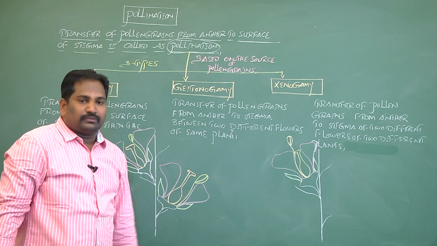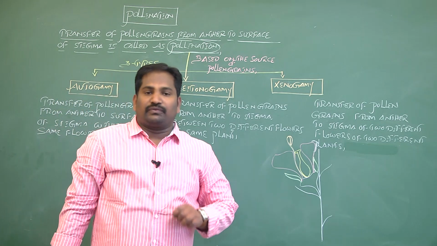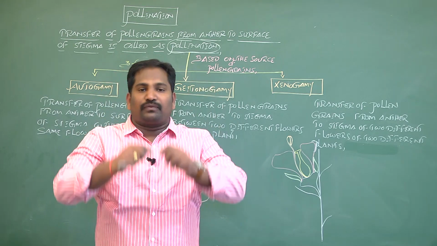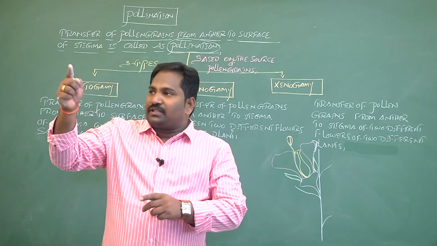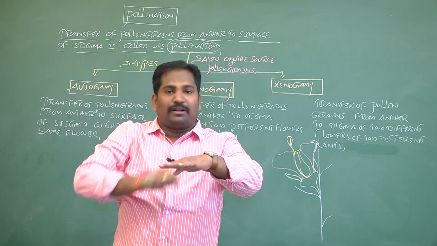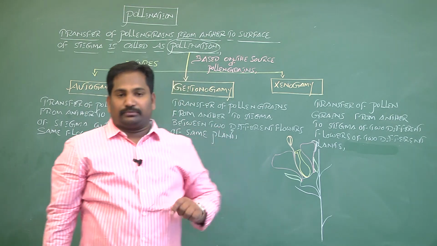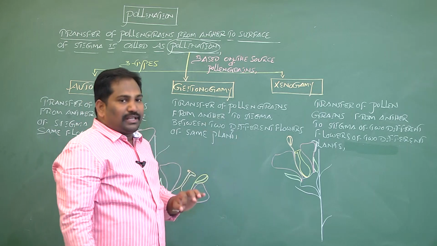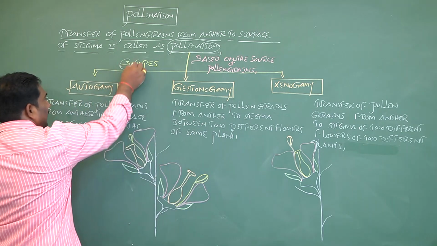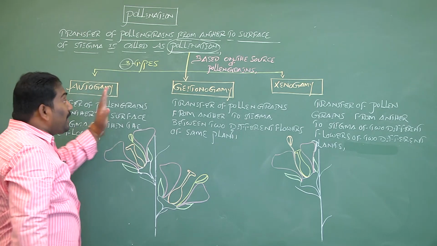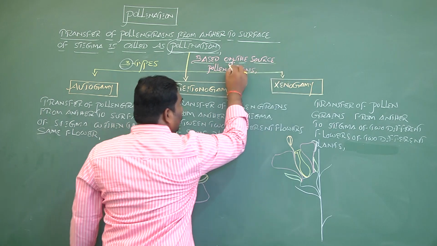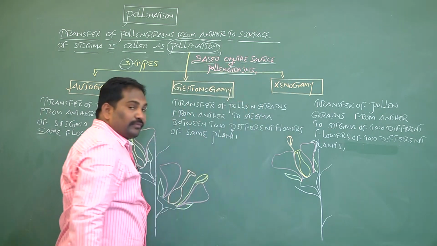Once again, I repeat the definition of pollination. If you imagine a bisexual flower, the transfer of pollen grains from anther to the surface of stigma is called pollination. Pollination in flowering plants is classified into 3 types based on the source of pollen grains.